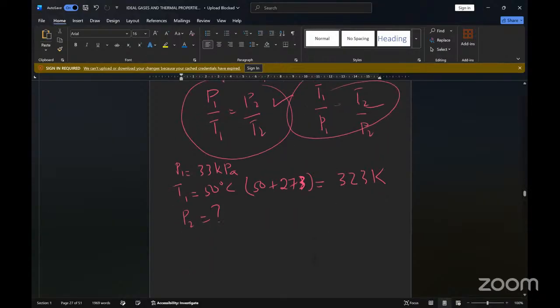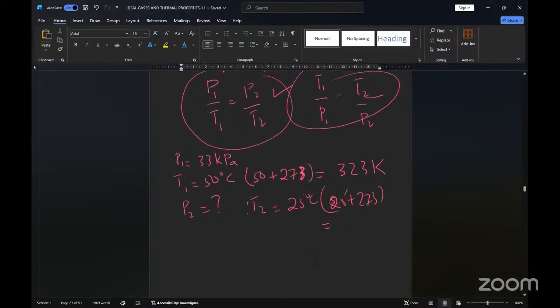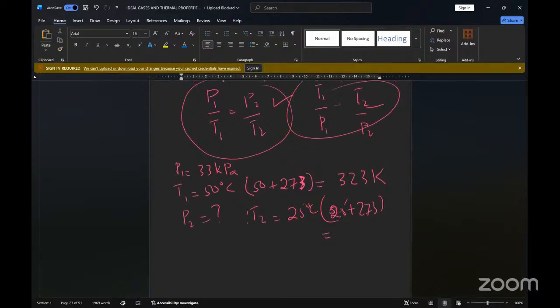But our T2 was given as 25 degrees Celsius. So again, you have to change it into Kelvin. So you say 25 plus 273. And that gives you 298. So this is 298 Kelvin.